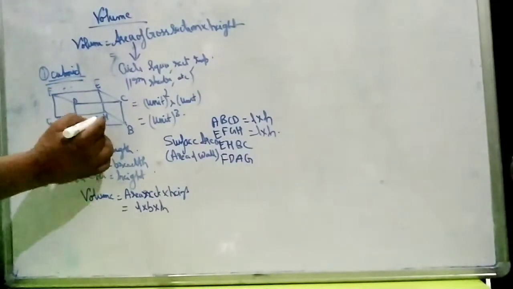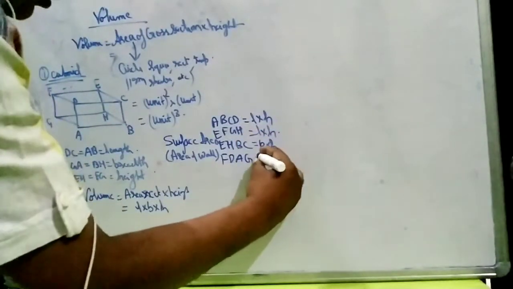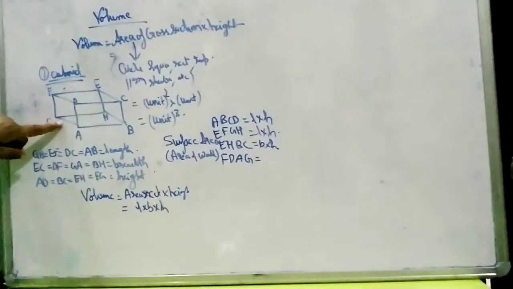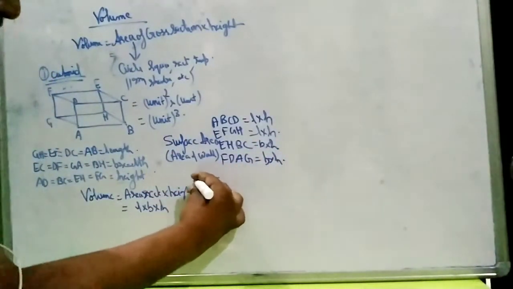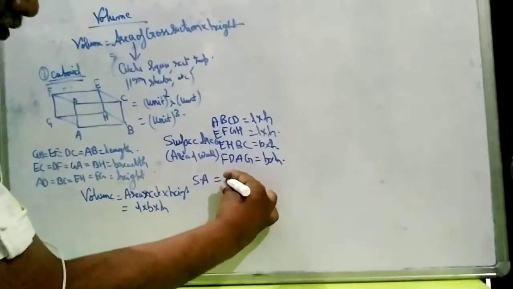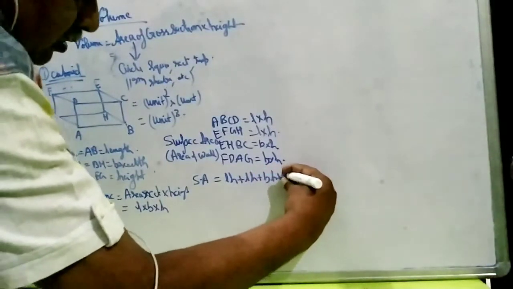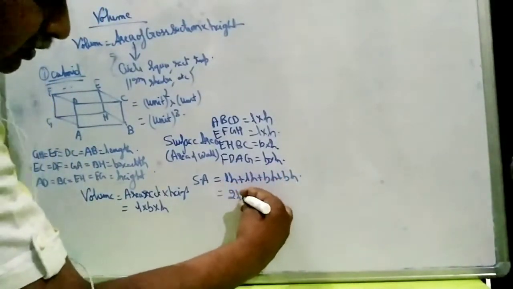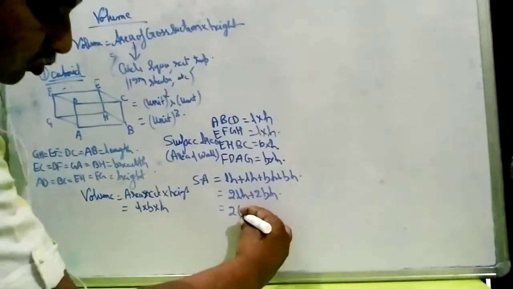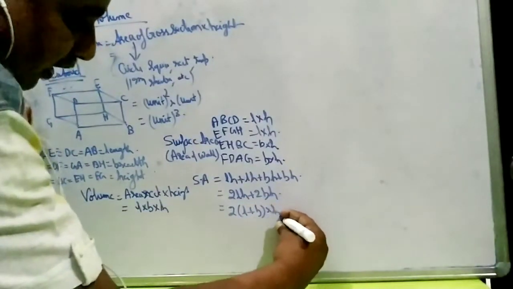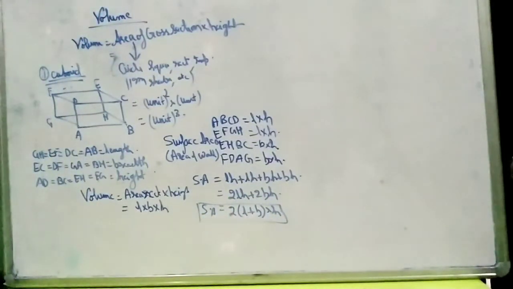EHBC is breadth into height, and FDAG is also breadth into height. So surface area is equal to length height plus length height plus breadth height plus breadth height. It means twice length height plus twice breadth height. 2H is common, so twice length plus breadth into height. This is the formula for surface area: 2(l + b) into h.